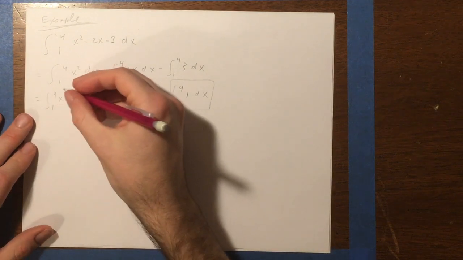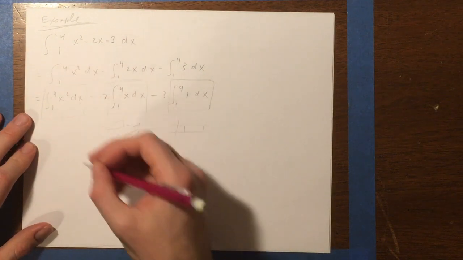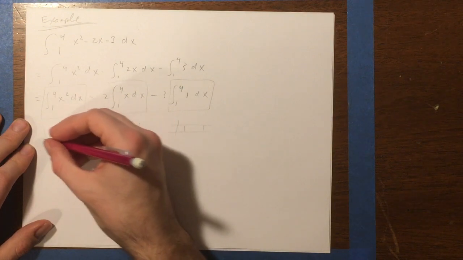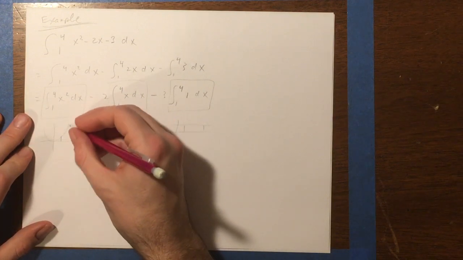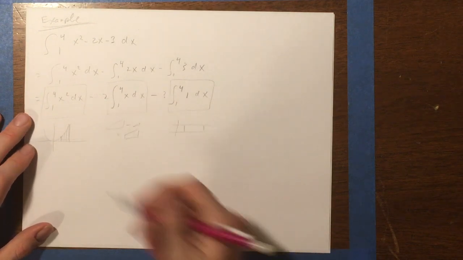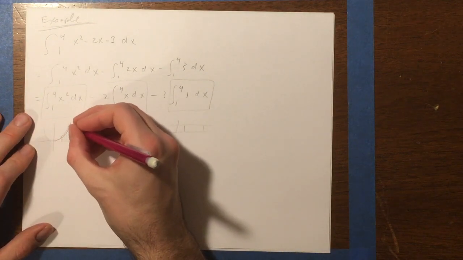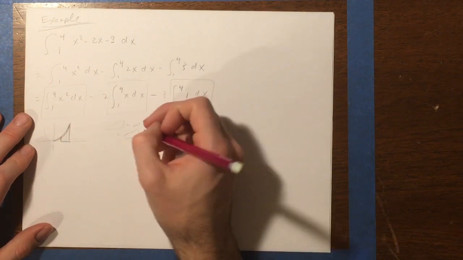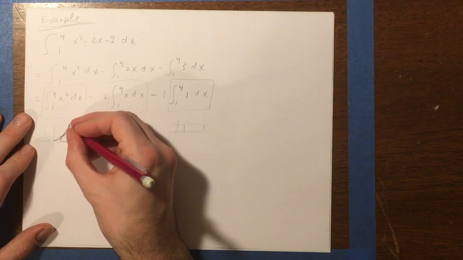And then this one right here, now this one with x squared, we're dealing with x squared. This is where we're going to need to resort to doing the limit of a Riemann sum, because we don't have any geometric formulas to tell us the area underneath the x squared curve. That is not a geometric shape right there.